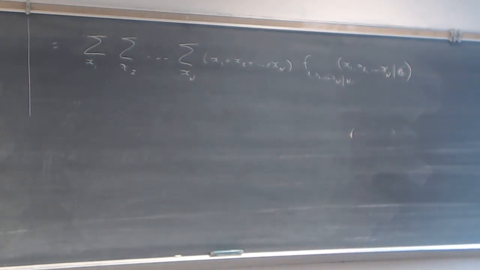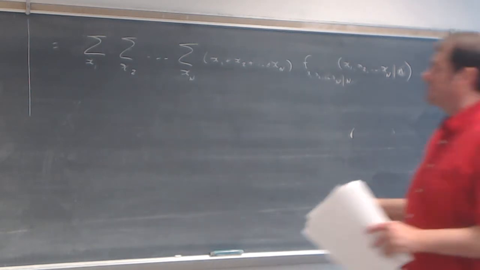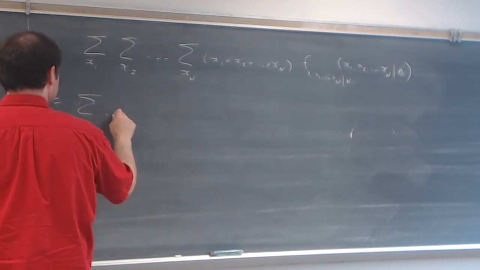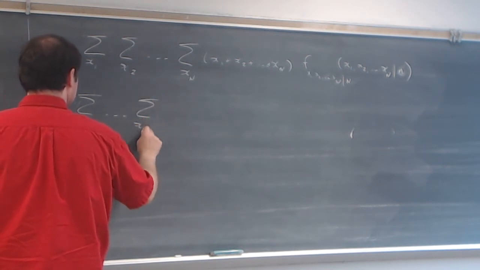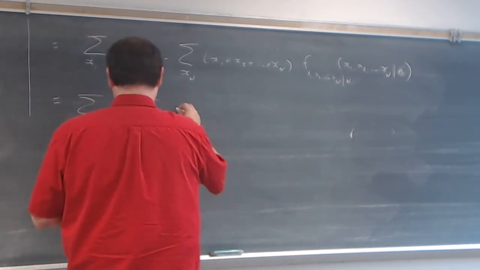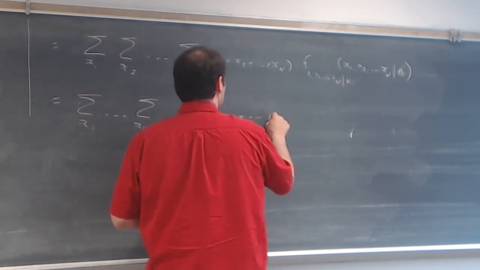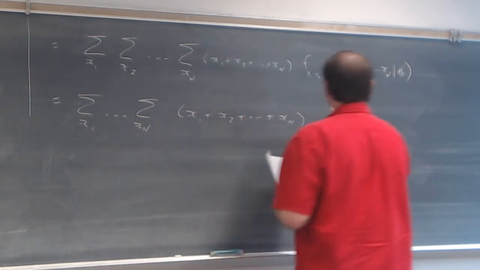Okay, that's what we have. So these are the n sums that we have, with x sub 1 plus x sub 2 plus x sub n.